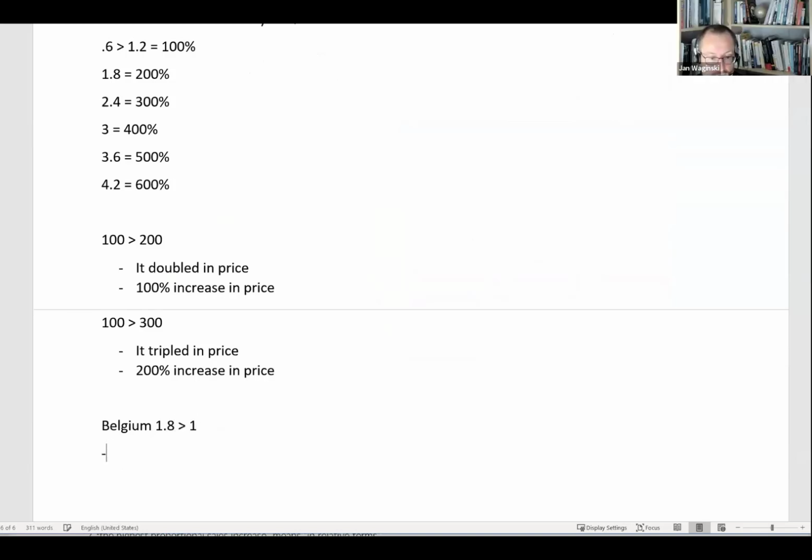Let's verify, let's do the math. What's our difference? 0.8, and then 0.8 over 1.8. What does that give you? That's our first number in the comparison. 8 over 18.